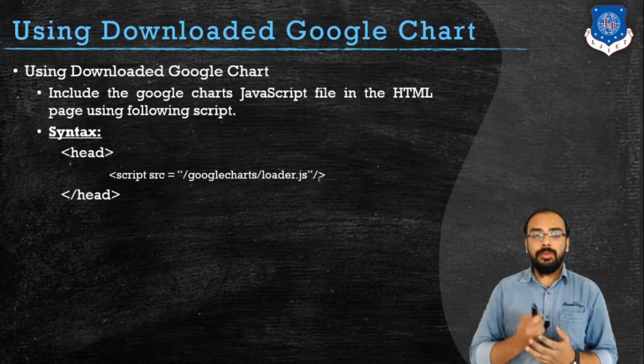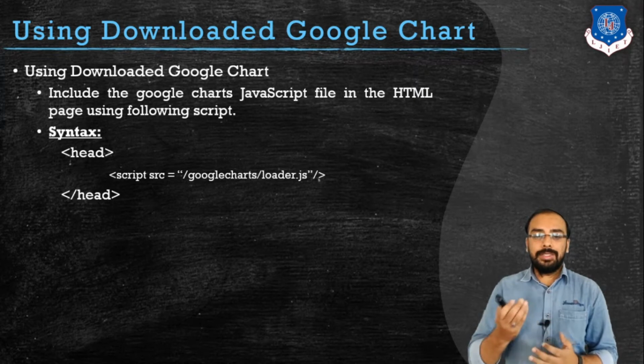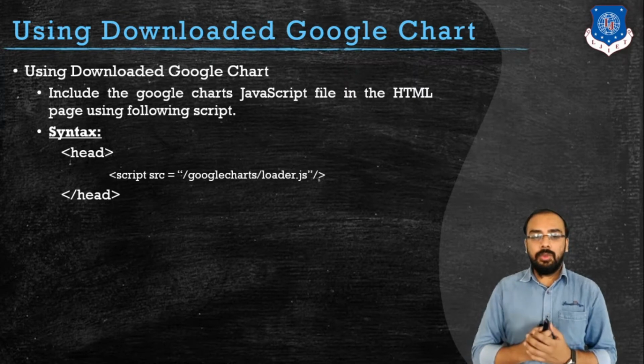So how can we work with it? This is a very simple approach for using Google Charts. What we need to do is just include our Google Charts JavaScript file which we want to use inside our HTML page. So how can we import this particular file?